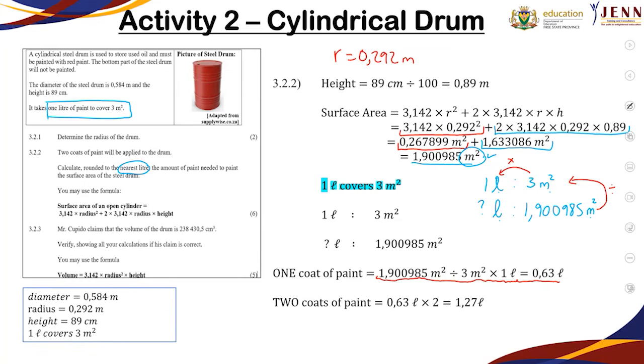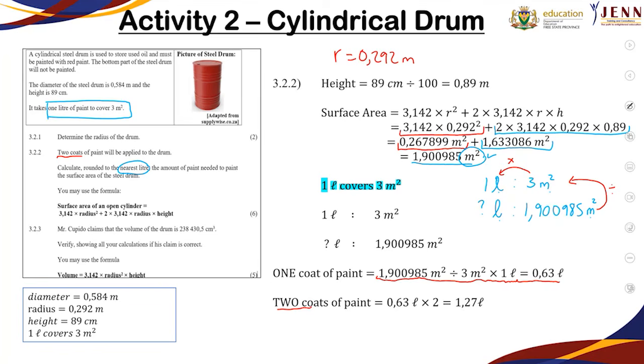So now you must remember this area only covers the drum. But now we need what? We need 2 coats, which means again I must paint this drum for the second time.